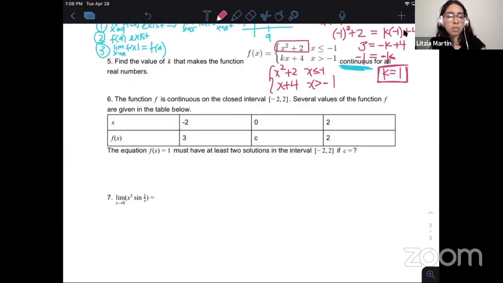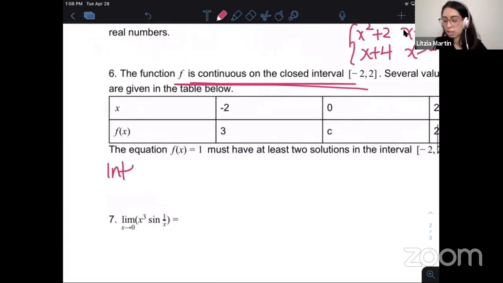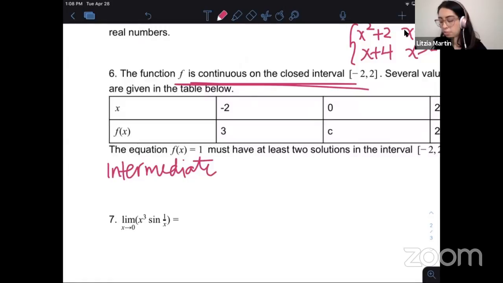So let's break this down here. Because we have a function that's continuous on the closed interval, and we're talking about finding things within an interval, we're going to think intermediate value theorem. Okay, that's the one we're going to think here.